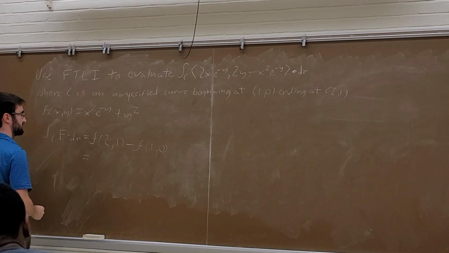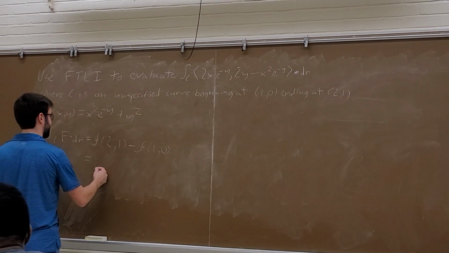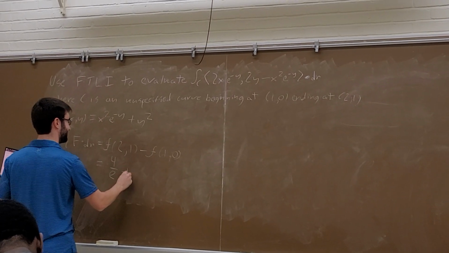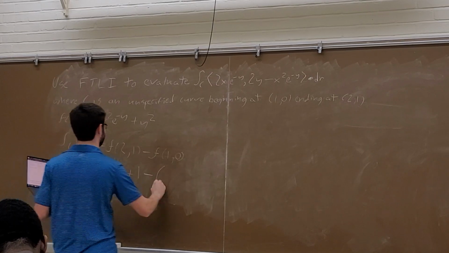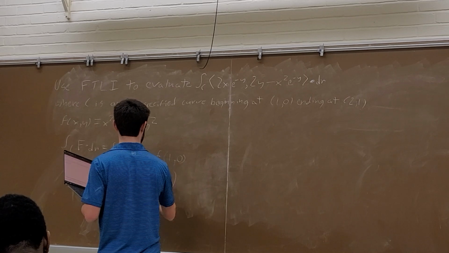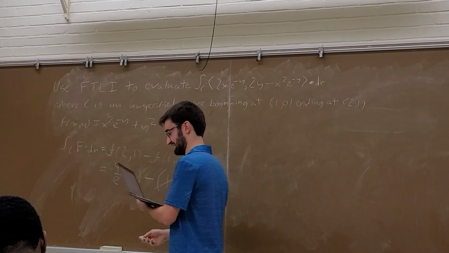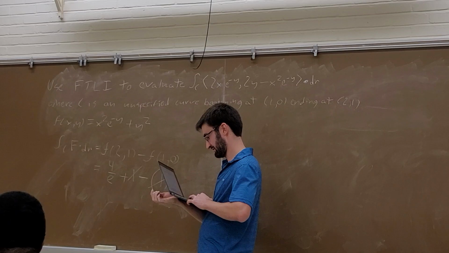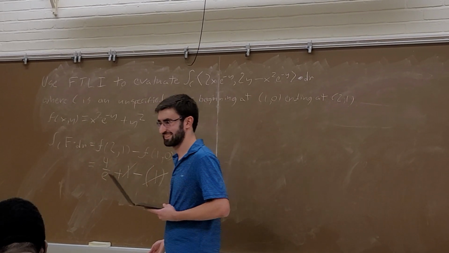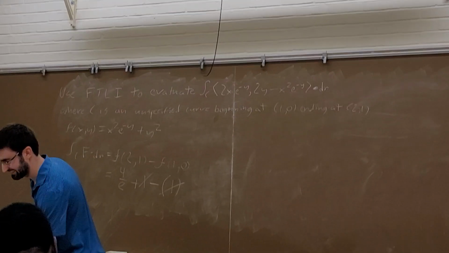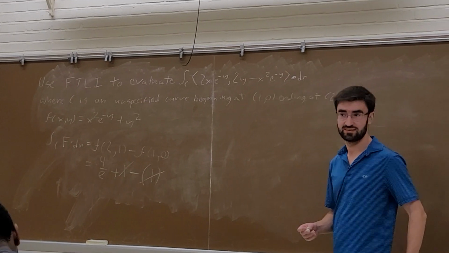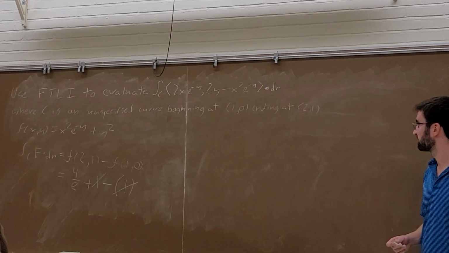So f at (2, 1) will be 4 over e, plus 1, minus f at the start, which is just minus 1. So you get 4 over e. So the whole integral is the end minus the beginning. And this is option C.